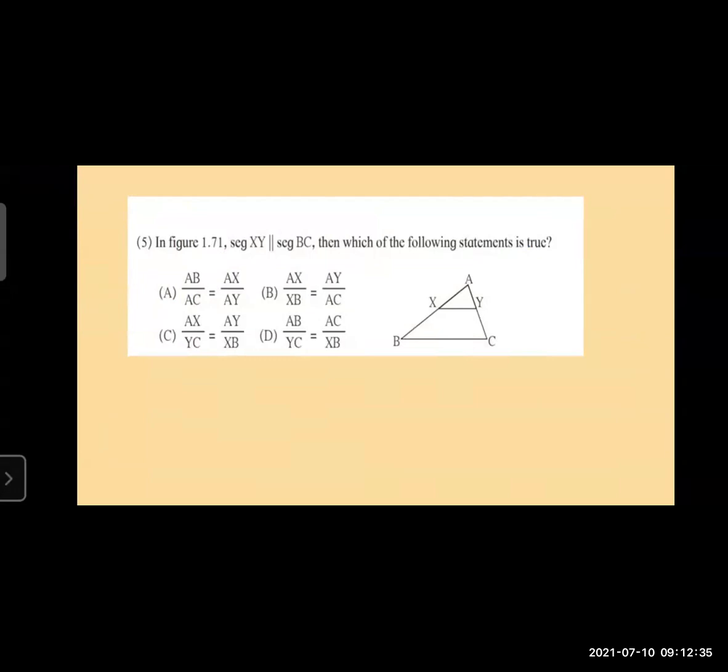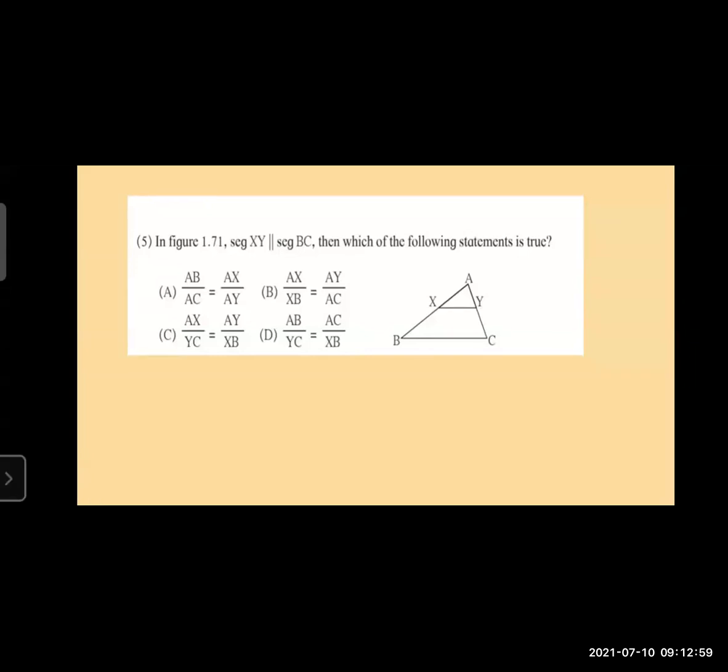So check which one is the correct statement. This one is the correct statement, so choose your answer. This one is homework for you. So fifth question, you do it and tell me which is the correct option in the next lecture.